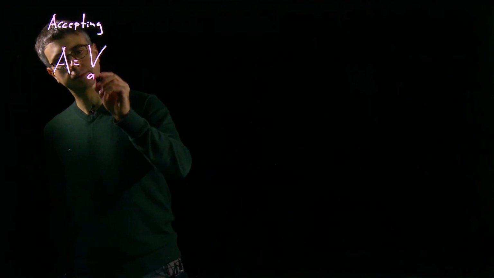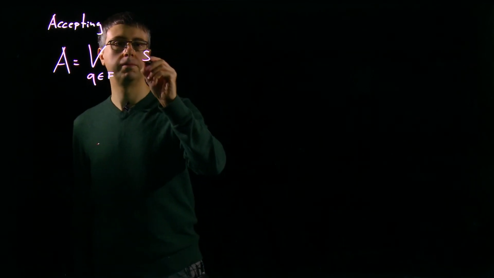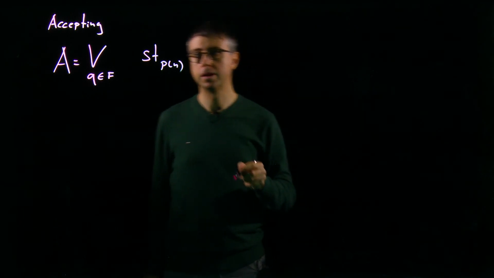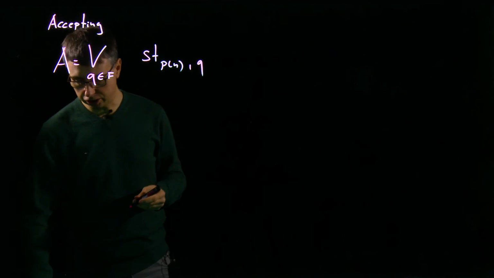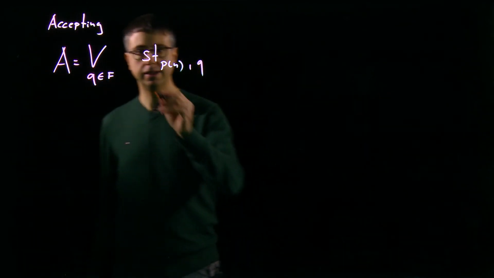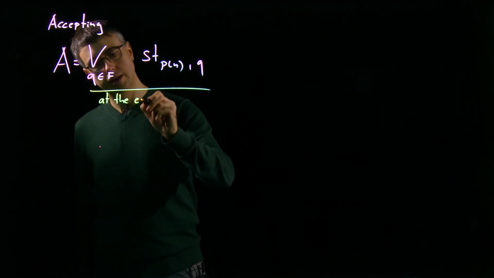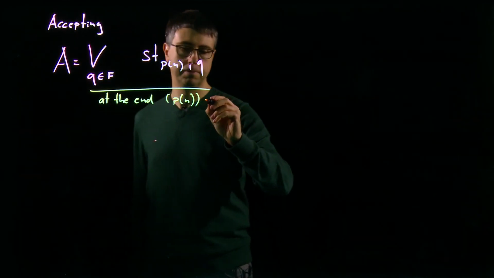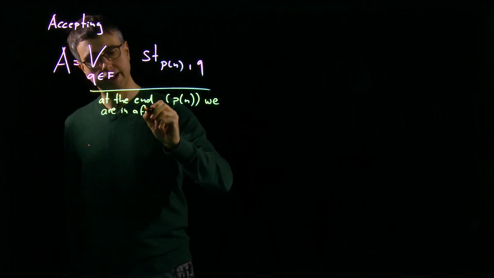So there must be a state q in F such that finally, at p of n, we must be in a final state. That's simply a disjunction. This means there must be a final state, and in the end we are in the final state, which is at time index p of n.